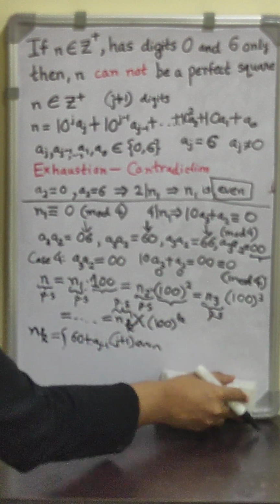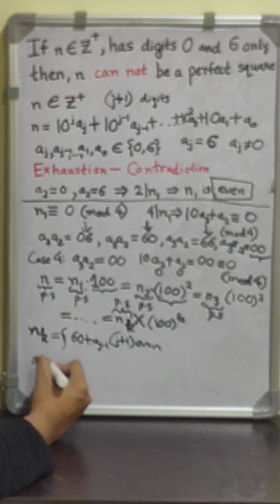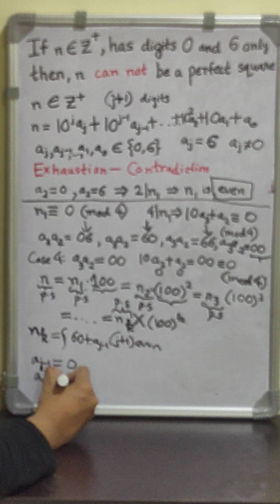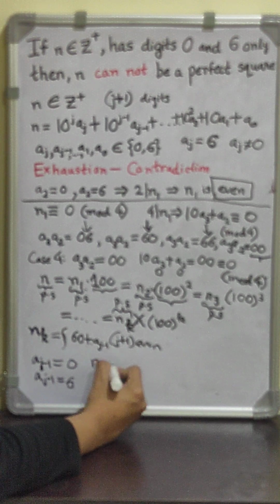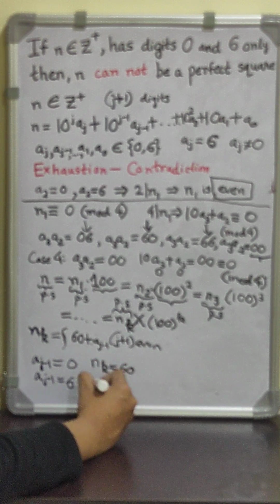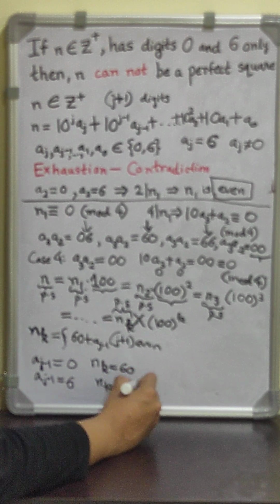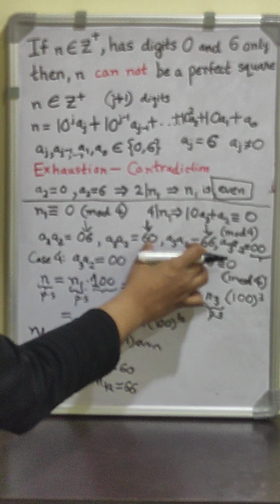But what about this case? So aj minus 1 again can only be either 0 or 6. If it is 0, then nk is 60. And if it is 6, then nk is 66. There you go. We already have these cases.